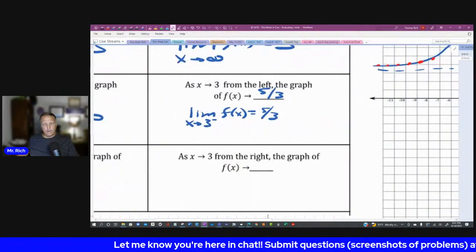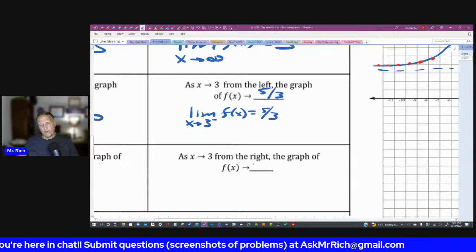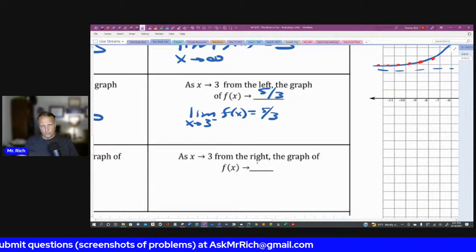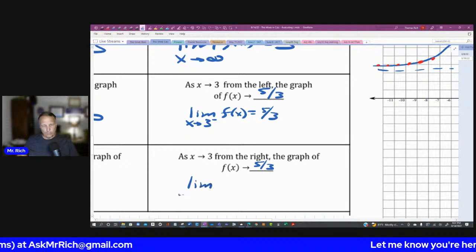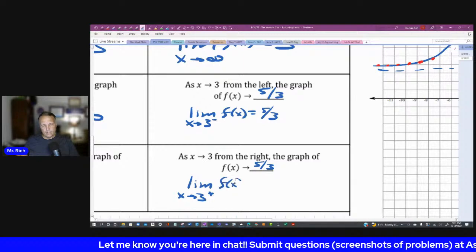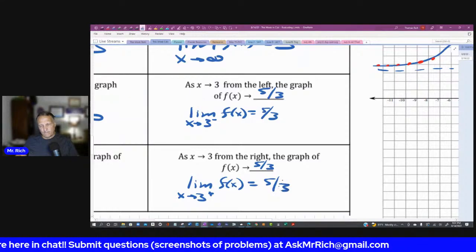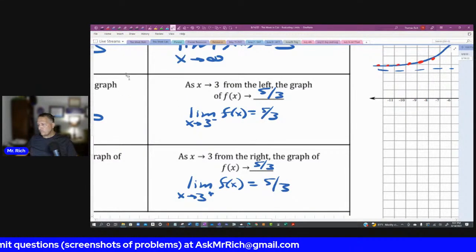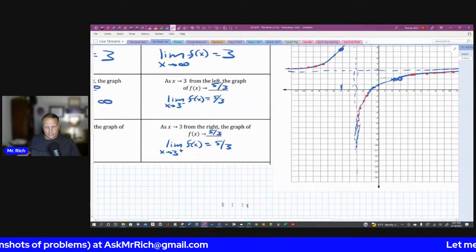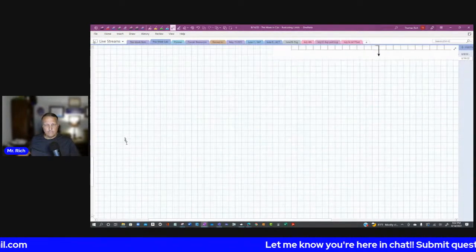And over here, as I approach 3, which is the location of that hole, as I approach that from the right, the graph of f of x is approaching 5/3 from the right. But we write that using limits like this. As we approach 3 from the right-hand side, the limit of f of x as x approaches 3 from the right is 5/3. All right, so that's how we use a graph to evaluate limits.